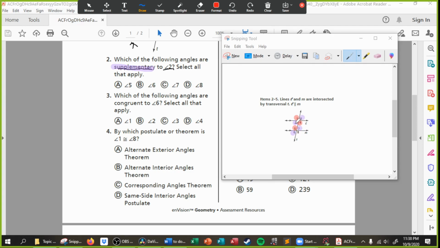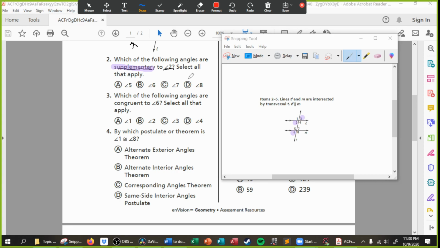And we don't have a specific thing here, but if I know that 2 and 6 are congruent and 6 and 8 are supplementary, then 2 and 8 would have to be supplementary. So angles 1, 4, 5, and 8 would all be correct answers for this question. And under our select all that apply, that's going to give me 5 here and 8 here.